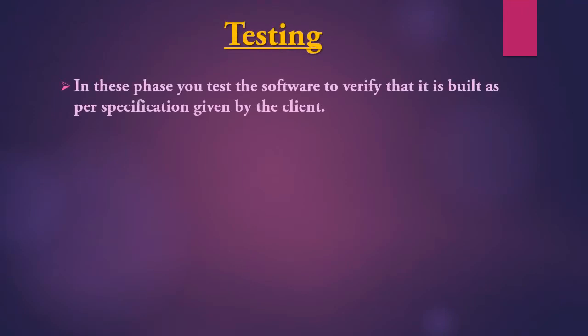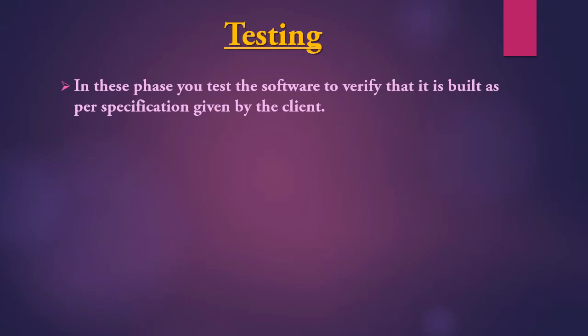Then the fifth phase in the waterfall model is the testing phase. It is the most important phase. In this phase, you test the software to verify that it is built as per the specification and requirements given by the client.